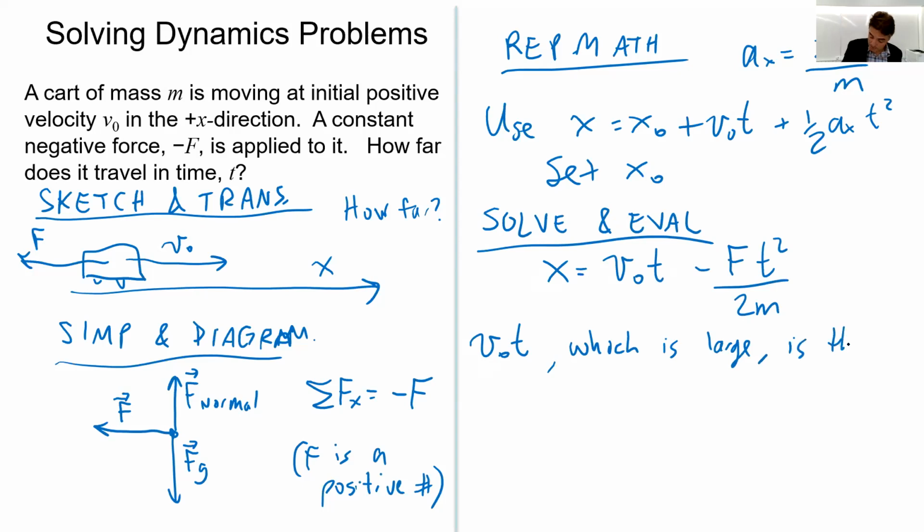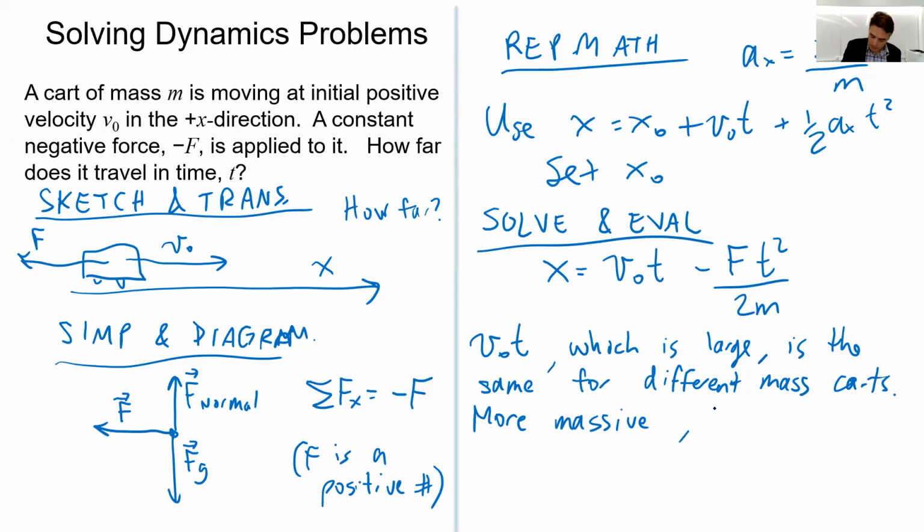is the same for different mass carts. Doesn't matter what the mass of the cart is. v0t is sort of that initial velocity momentum, different mass carts. But what happens here is that more massive cart means that ft squared over 2m is less.